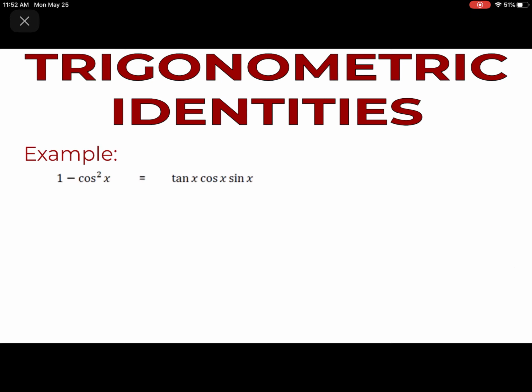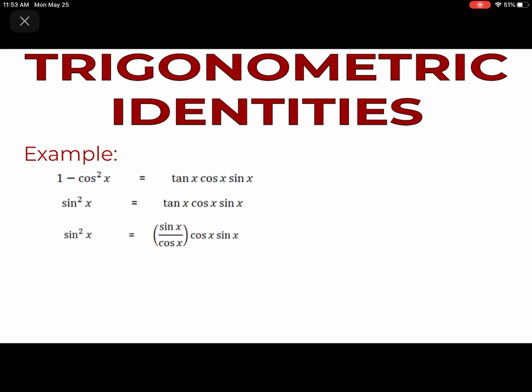We have 1 minus cosine squared of x equals tan x, cosine x, sine x, all of these multiplied together. So our first step for this one, we're going to change the left-hand side to be sine squared of x using that Pythagorean identity. Then, for this example, we want to move things on both sides. On the test, I don't believe I did anything with that.